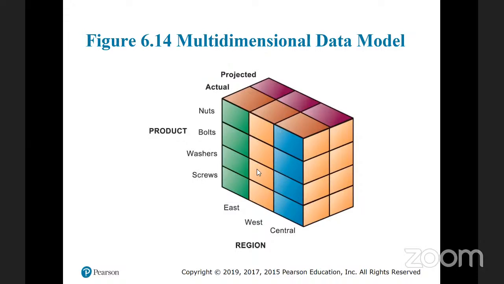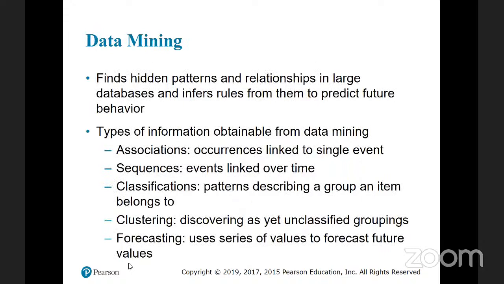So this is a multidimensional data model, and you'll be able to show this data and cut this data in different ways. So you could see it by data visualization as well as in detailed numerical form.